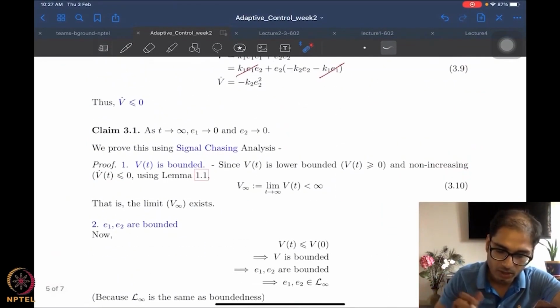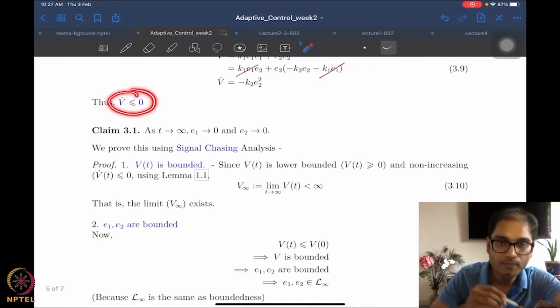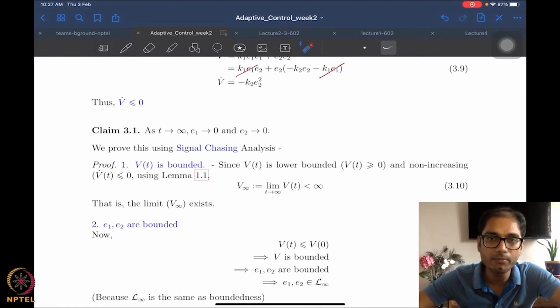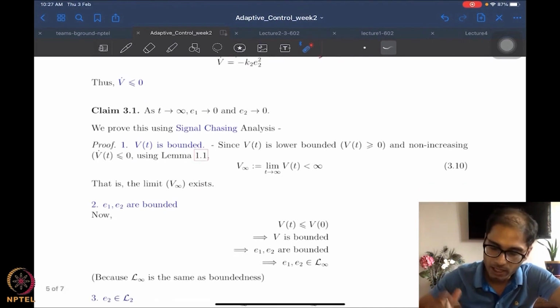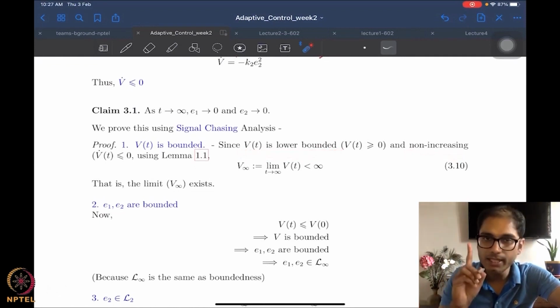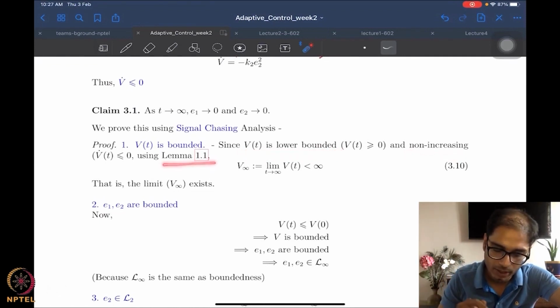Because the derivative is less than or equal to 0. You know very well that for any function of time, if the derivative is less than or equal to 0, then the function cannot increase. It can stay constant or go down. The function is lower bounded and non-increasing, and this immediately lets us use lemma 1.1. What was lemma 1.1?